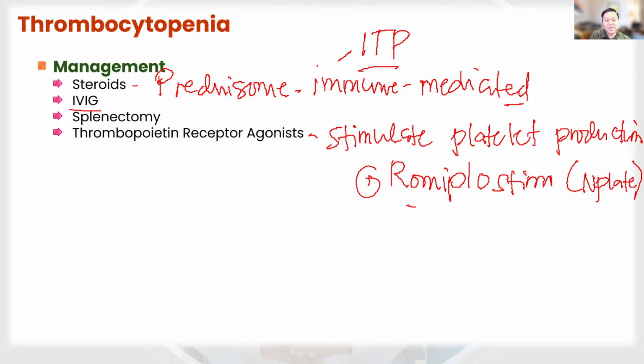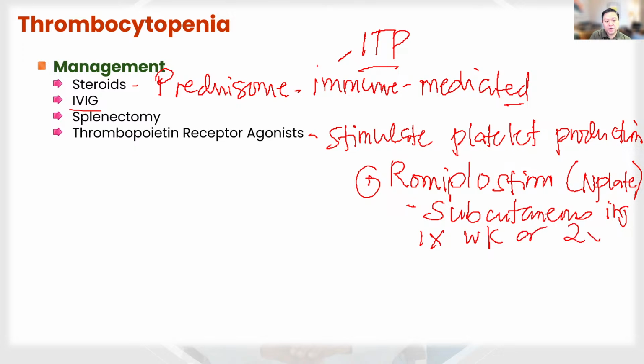And this is going to be administered as a subcutaneous injection, which will be given once a week, or rather once every 2 weeks.